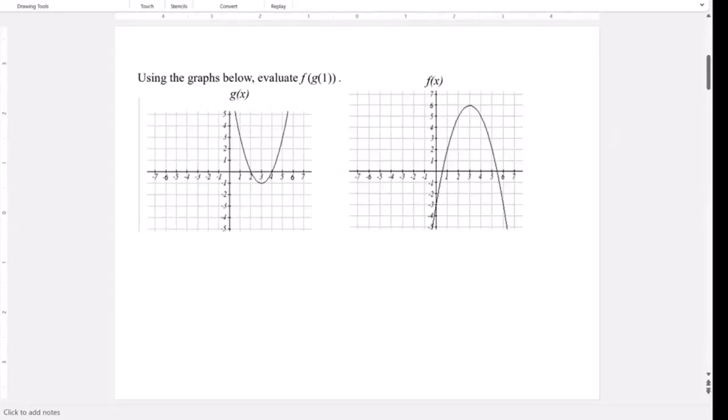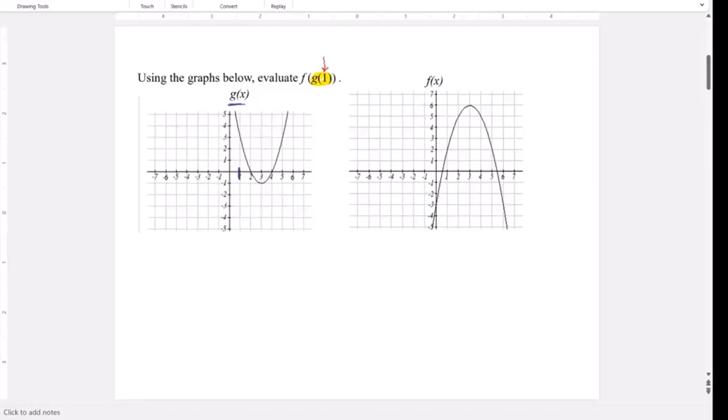Using the graphs below, evaluate f composed with g of 1. Again, we start at the most inner value, which is 1, and it's asking me for g of 1. So I come over to my g of x graph. Remember, g of 1 means x equals 1.